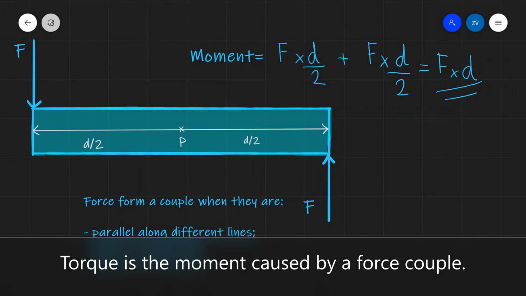And this is actually what torque is. It is defined as the moment of a force couple, and it is equal to the magnitude of one of those forces multiplied by the perpendicular distance between them.